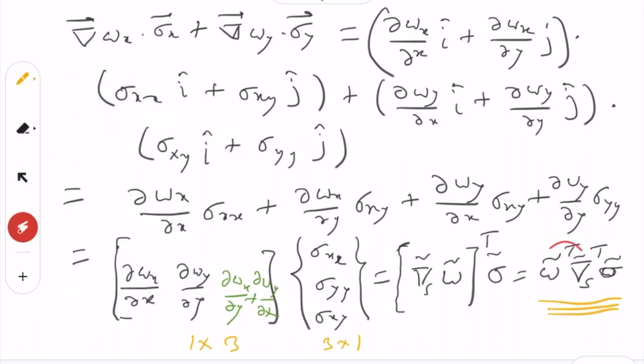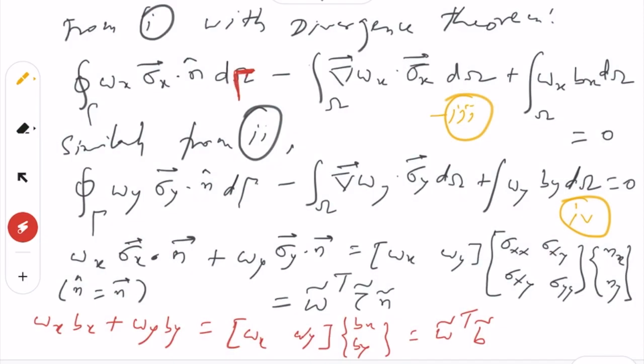One thing is this. Then we have this one, and then we have this one. We get three things, so we will combine them together. This is integrated over the whole boundary, and the other two are integrated over the whole domain. So this is w transpose tau n.